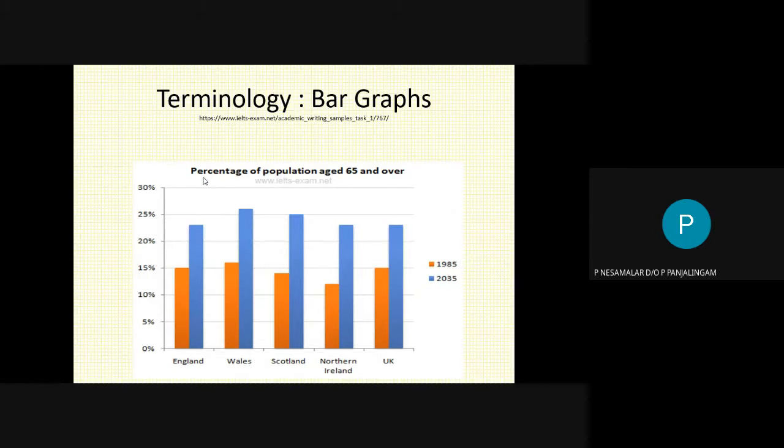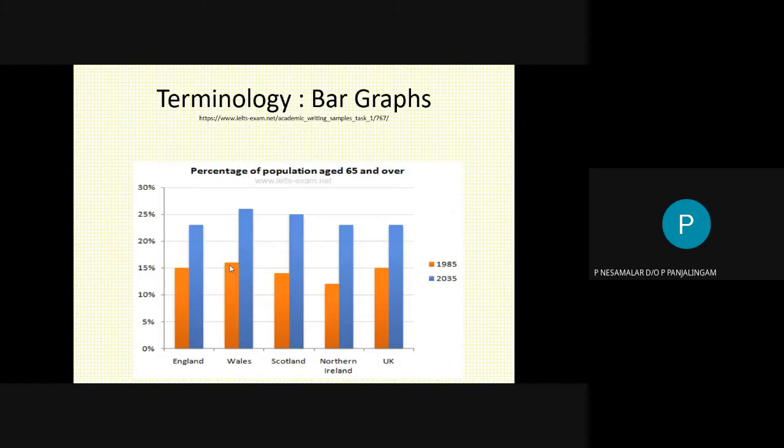So the title is percentage of population age 65 and over in these 5 places. So let's take one. Let's take Wales perhaps. So in Wales in 1985, because it's in the past, we use past tense. Now it's not exactly 15%, it's slightly over.